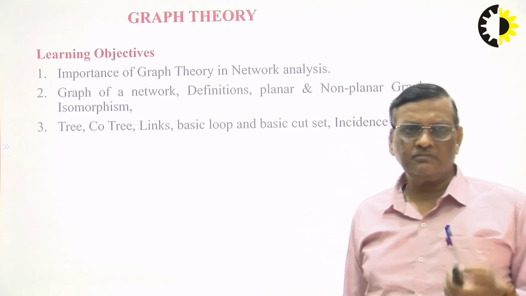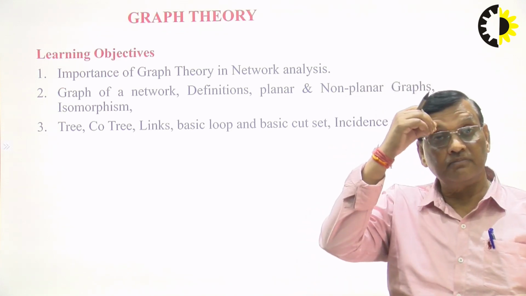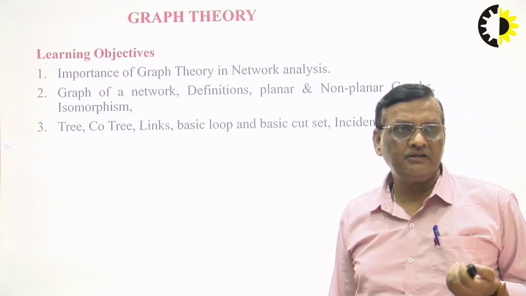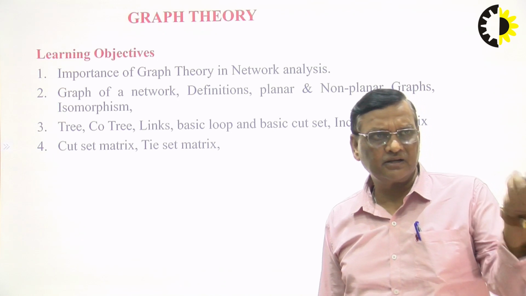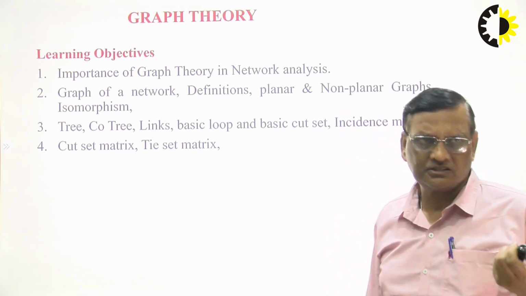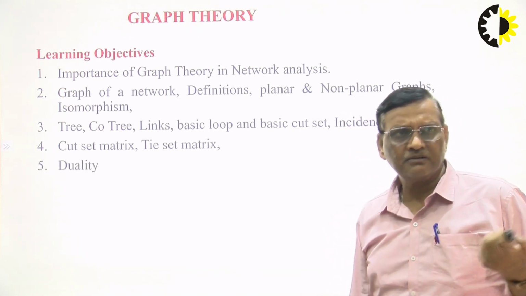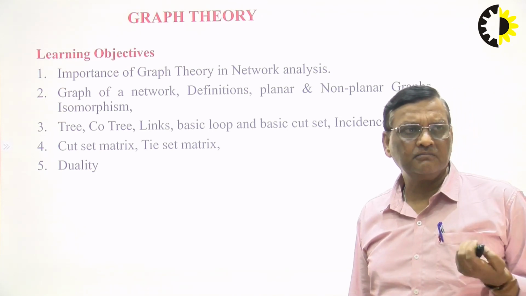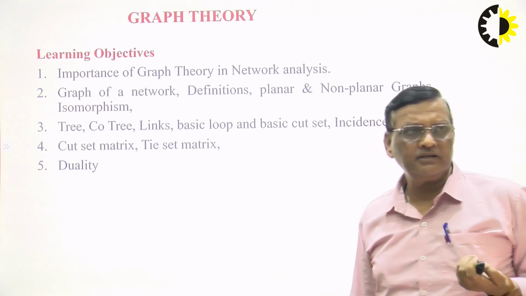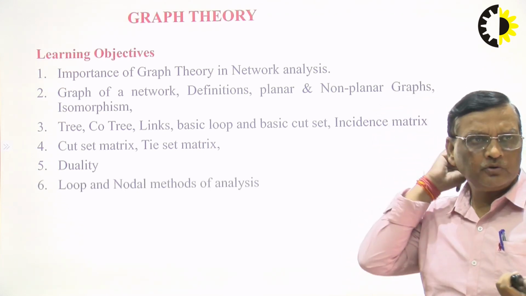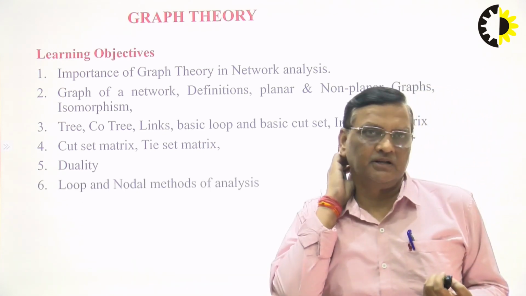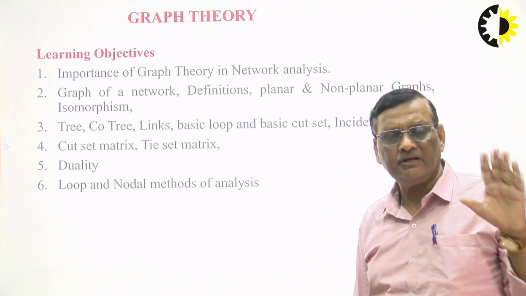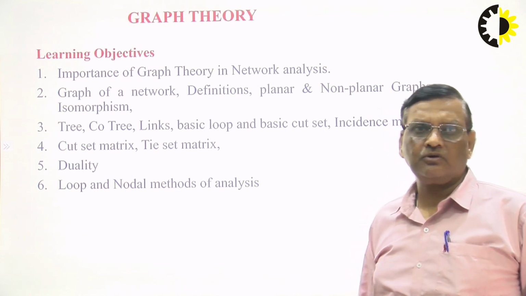These are the terminologies that we will come across in this topic, and we'll discuss each one in detail. Then the cut set and tie set matrices, incident matrices. These are the matrices we will discuss in graph theory, and the last is duality and loop and nodal methods of analysis using graph theory. So we'll take them one by one.